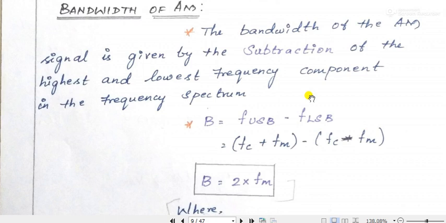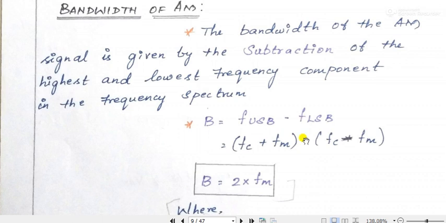Bandwidth of AM. The bandwidth of an AM signal is given by the subtraction of the lowest frequency component from the highest. Here the highest frequency component is F of USB and the lowest is F of LSB. So F of USB is Fc plus Fm, and the lower sideband is Fc minus Fm.